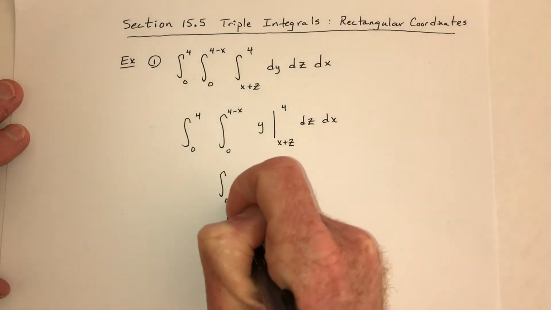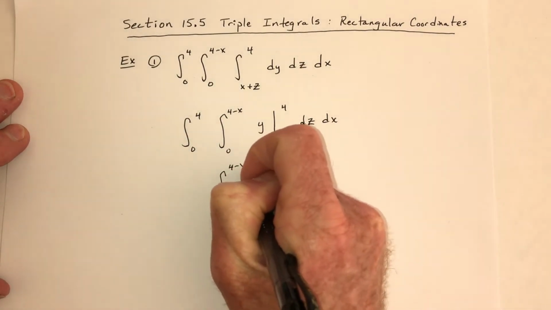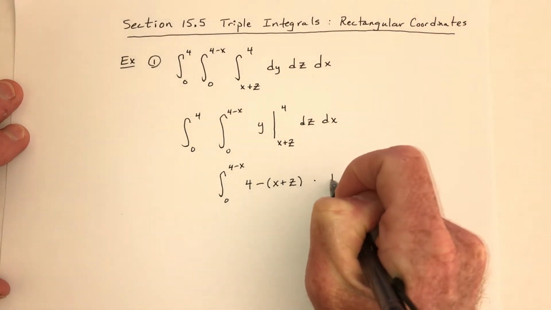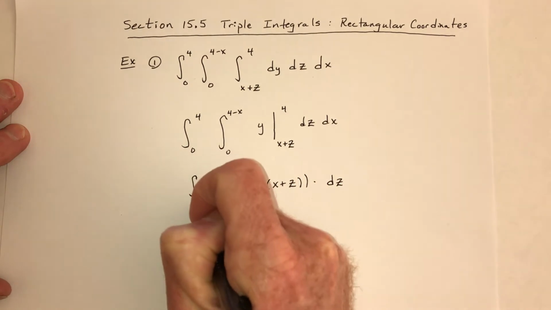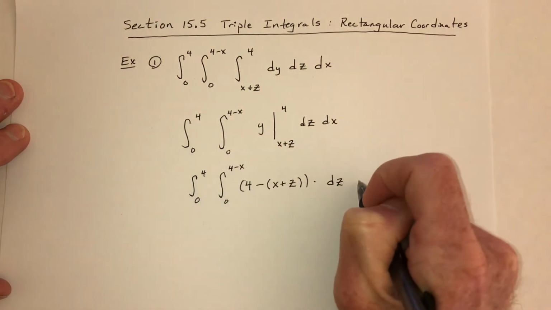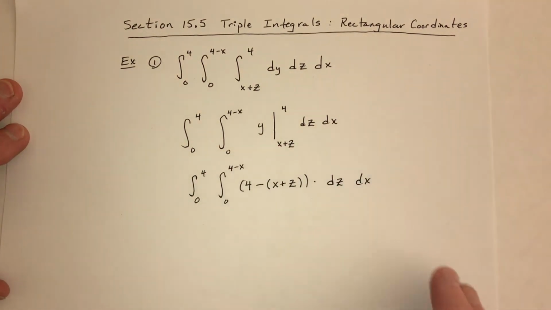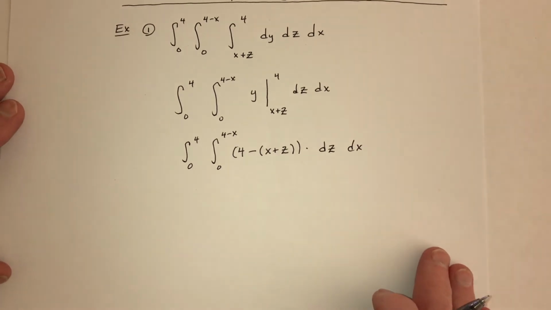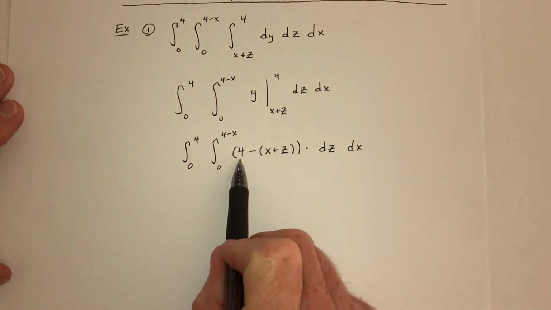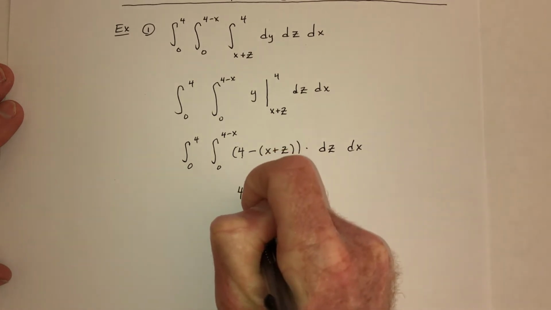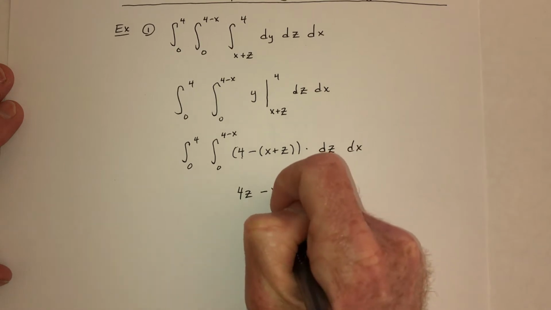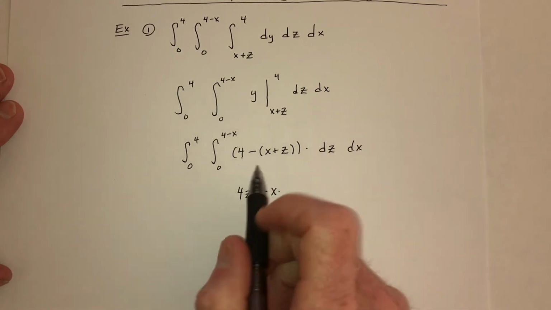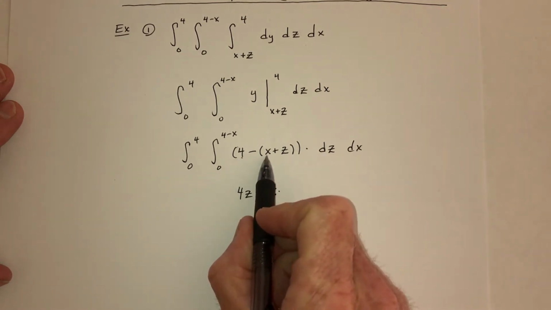And then we need to integrate with respect to z next. And last, integrate with respect to x. So integrating with respect to z means this is going to be 4 times z. This one will be negative x times z, because just like the 4, right now x is a constant.